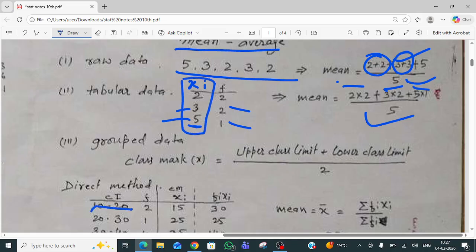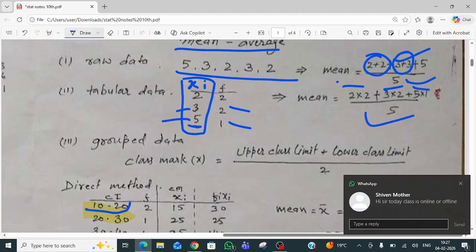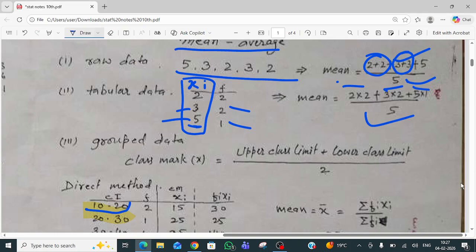If the marks of the students are between 10 and 20, and two students scored between 10 and 20, that means we take it as 15. The score is 15 for the two students. That way we calculate. So I hope you understood what the class mark is.